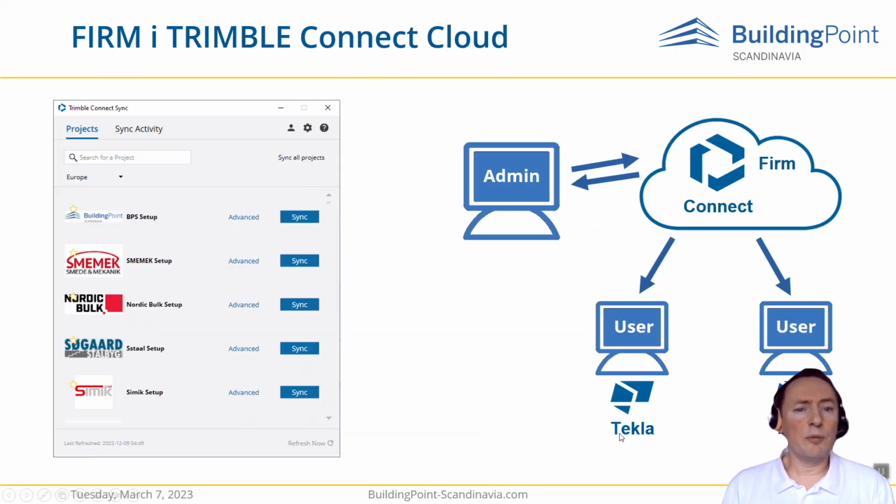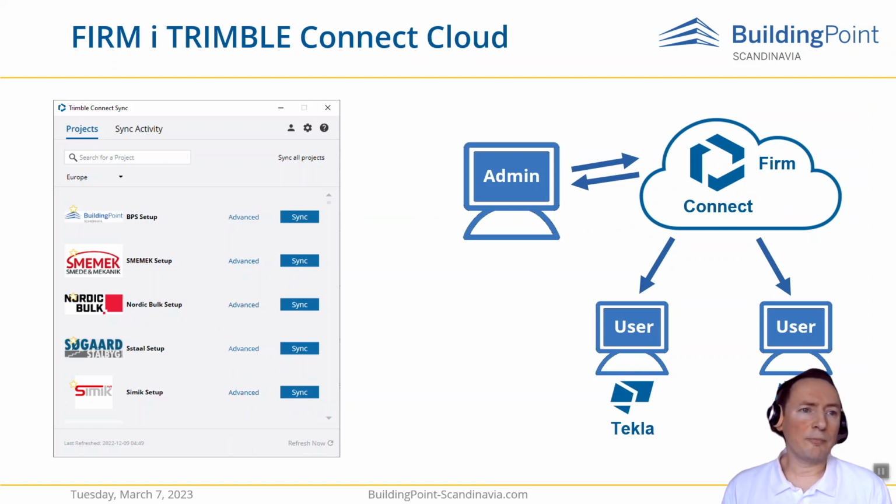Another thing for Trimble Connect Sync: we see people also use Trimble Connect to have the firm settings up there. It's actually possible to do that. So you can set up a sync that syncs your whole company structure with Trimble Connect Sync. The good thing here is that users can work offline. You can also work when you are not in your company, so you still have access to all your files in the cloud.